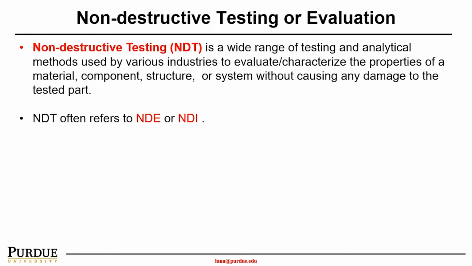Those industries use these testing methods to evaluate and characterize the properties of material components and structural systems without causing any damage to the tested part. Primarily, people are looking for discontinuities or defects. NDT often refers to NDE, non-destructive evaluation, or NDI, non-destructive inspection.